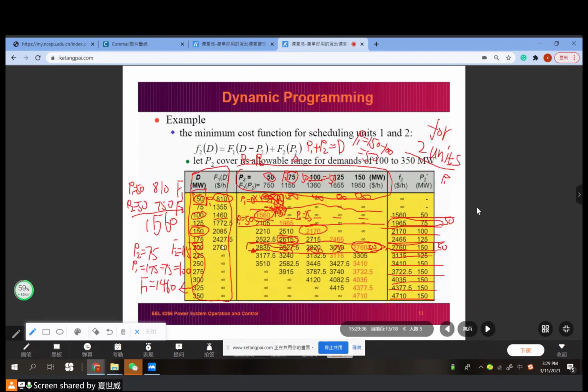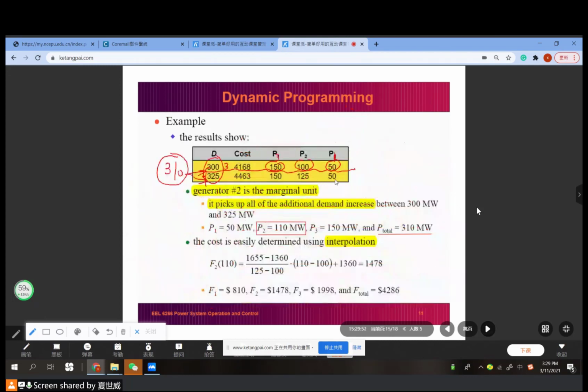We then look up this table for 2 generators. For 175, the best solution is P2 equals 125 and P1 is 50. Use this number minus this. So P1 equals 50. You see, P1 equals 50, P2 this one, P3. Okay.